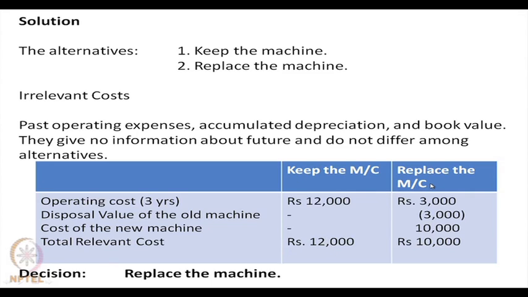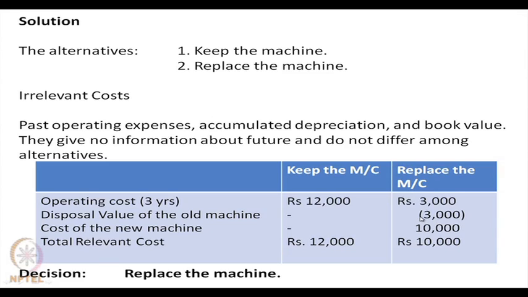And if we replace the machine, then the operating cost of the new machine is 3,000, the cost of the new machine is 10,000, and we get 3,000 rupees by selling the old machine. Disposal value of the old machine, we get 3,000 rupees.